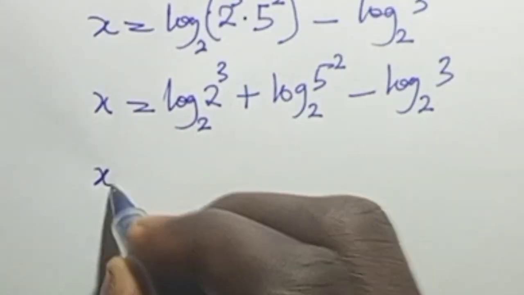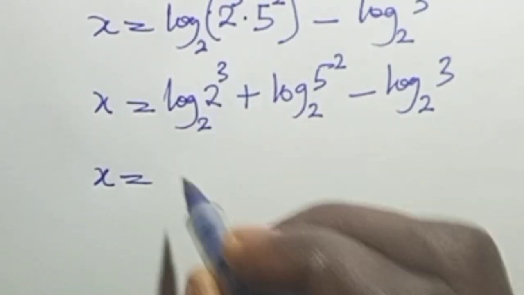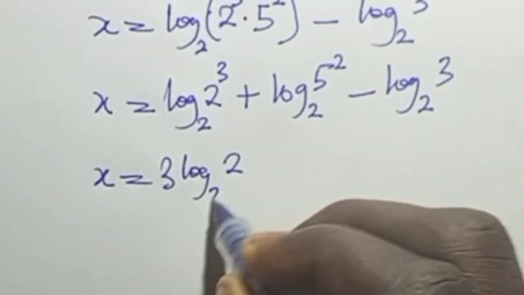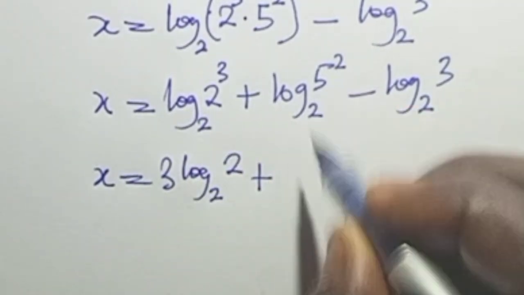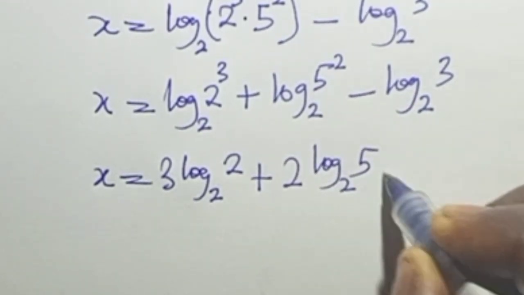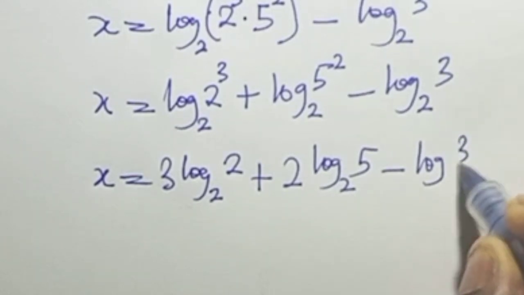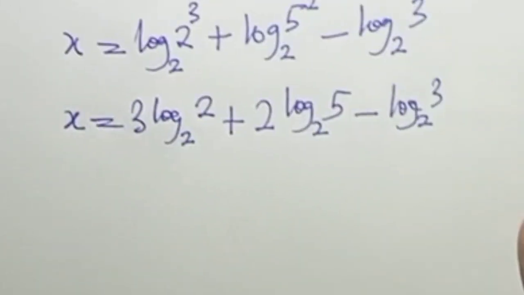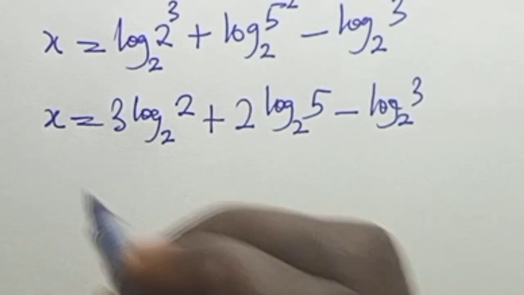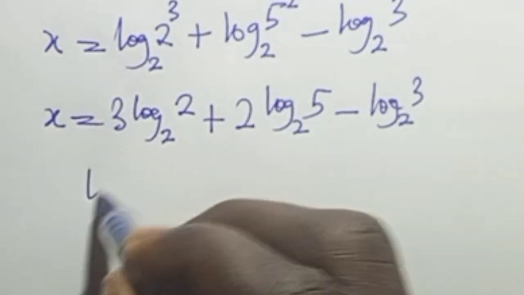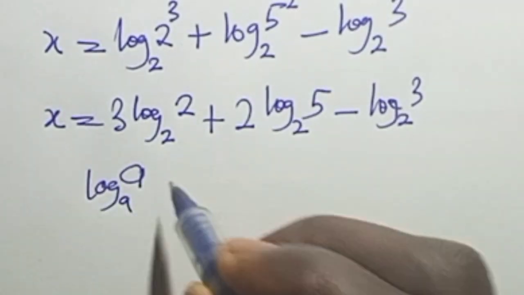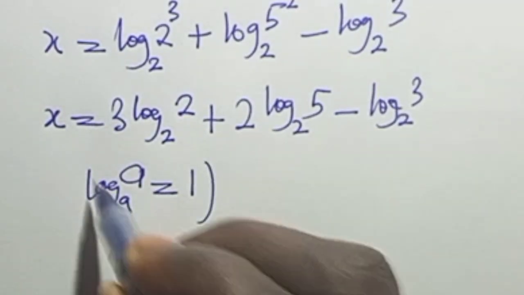So we can write x equals, this power will come down, 3 log 2 base 2 plus, this power will come down, 2 log 5 base 2 minus log 3 base 2. And log a base a is equal to 1.